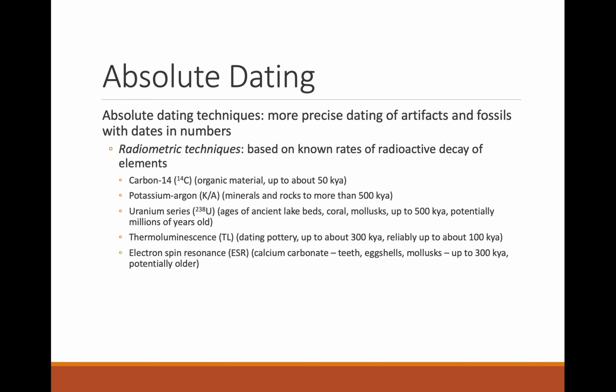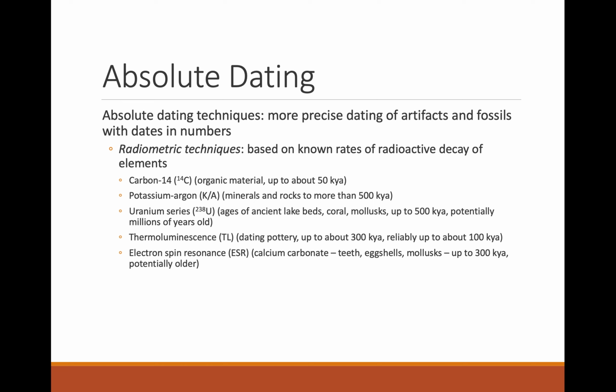There's thermoluminescence. This is used a lot in dating pottery. It's really reliable up to about 100,000 years ago, which, I mean, we don't have pottery remains from really old ages anyway. And we can't firmly say that humans more recently than anatomically modern Homo sapiens were using pottery, right?